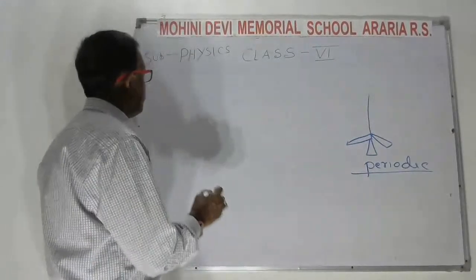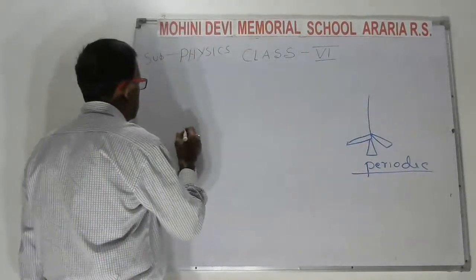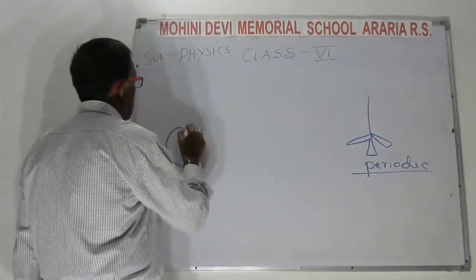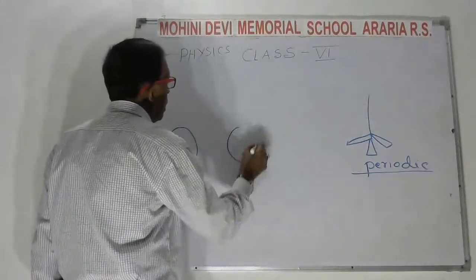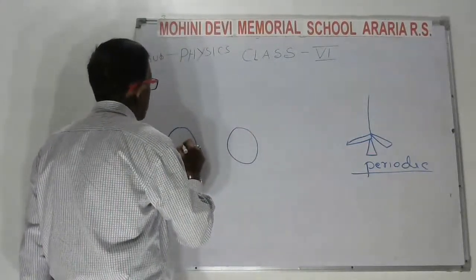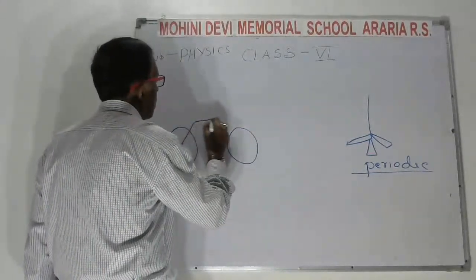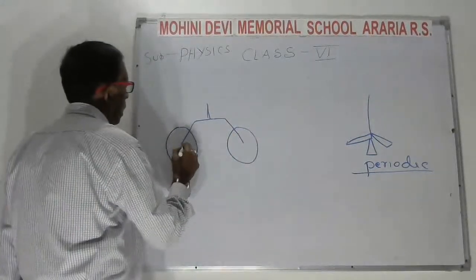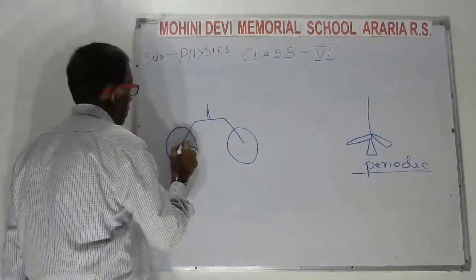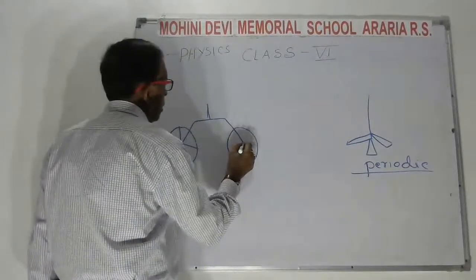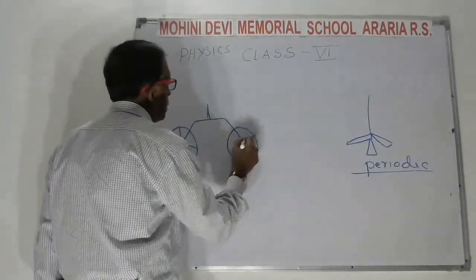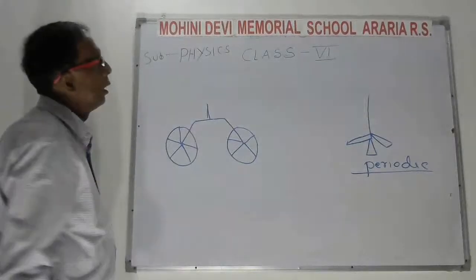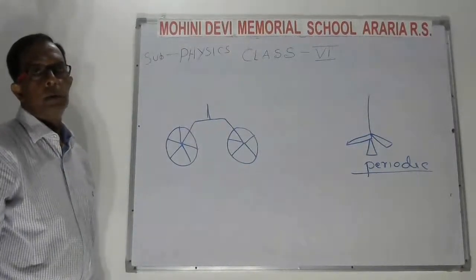And now see the bicycle, the wheels of the bicycle. This is a bicycle. Imagine, you are here, and these are the wheels of the bicycle. My children, the shape of the wheels is circular.